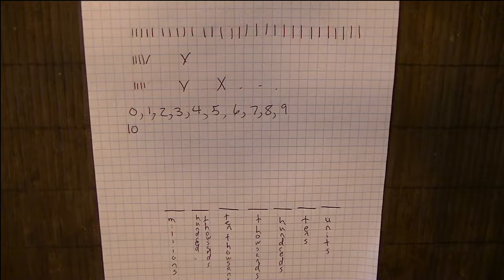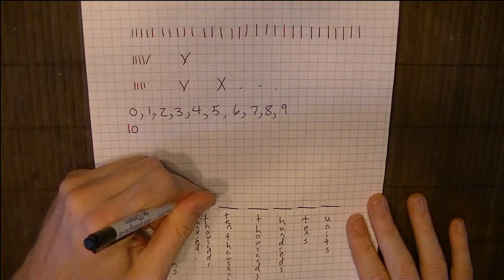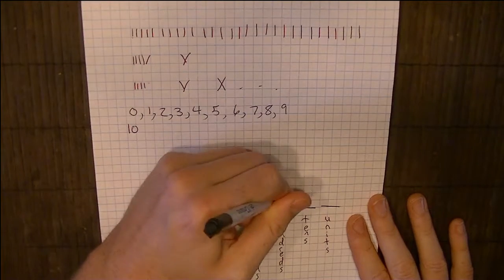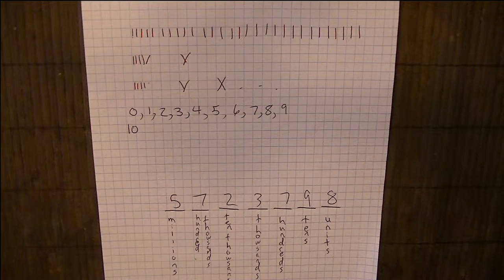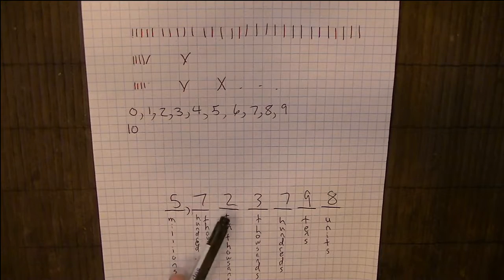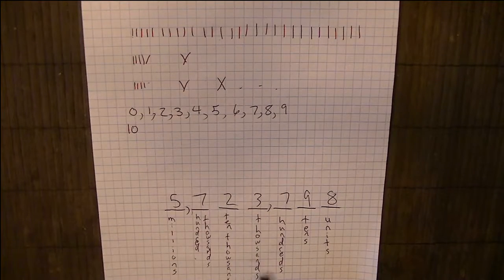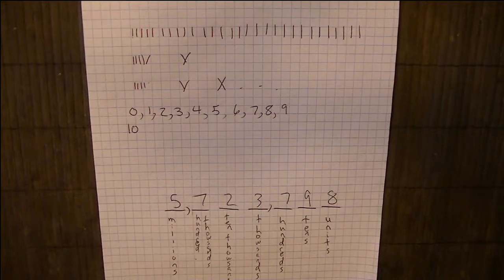Okay, so if I wrote down a number, let's just throw some digits in here: 5, 7, 2, 3, 7, 9, 8. We would read this number as 5,723,798. Okay, and so that is how we can now look at the decimal system.